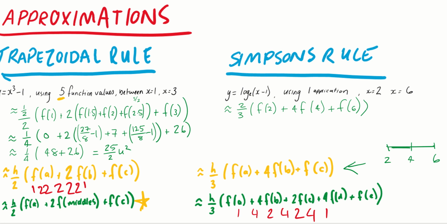Then just subbing those values into your original function. I get the log of 2 minus 1 is 1, plus 4 lots of the log of 3, plus the log of 5.